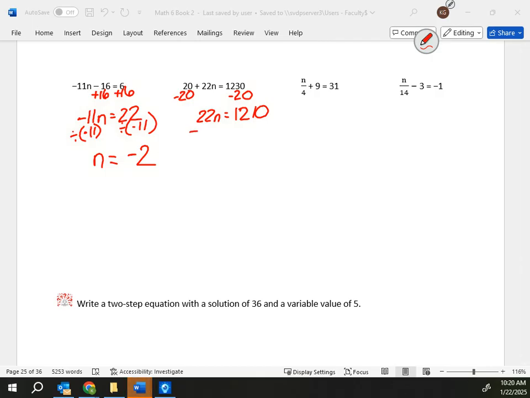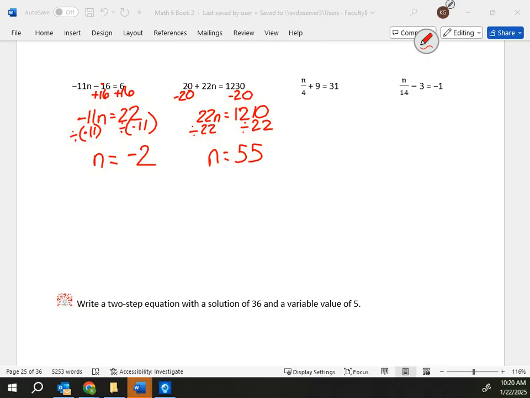Now we do our dividing to find our n, which would be 55. So remember, you always start with the number that doesn't have a variable next to it, whether it's the second number or it's the first number.